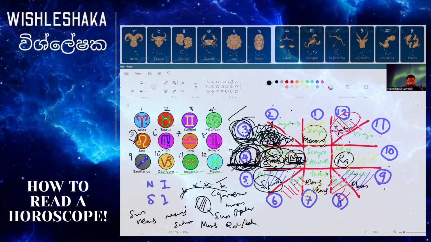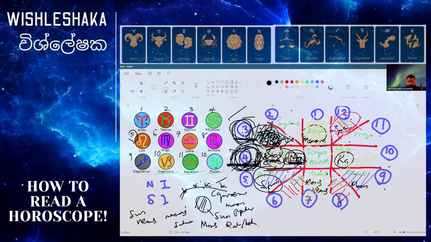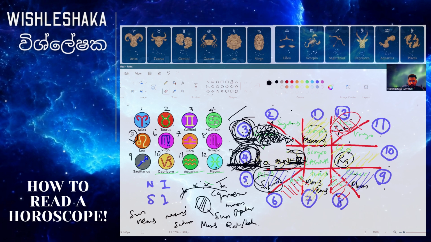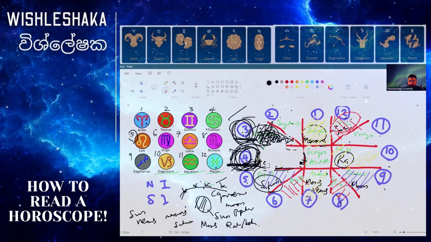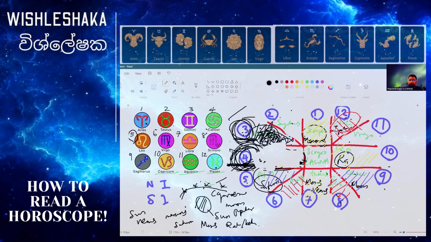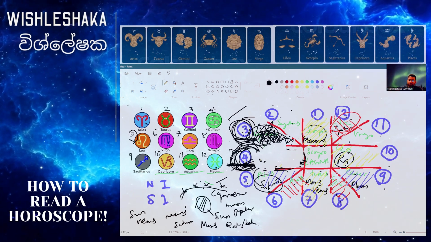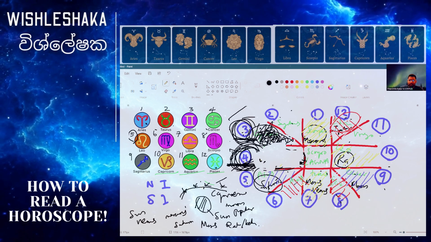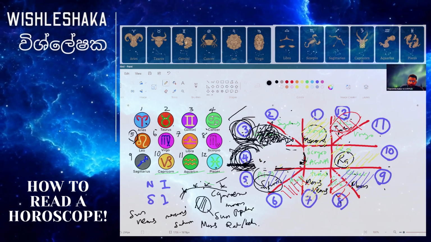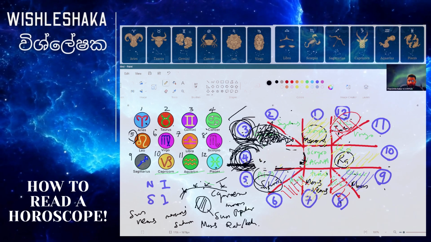She is born in 1962. You can type the date and see for yourself. In 1962, so many planets were in Capricorn. I think 7 planets were in Capricorn, right?